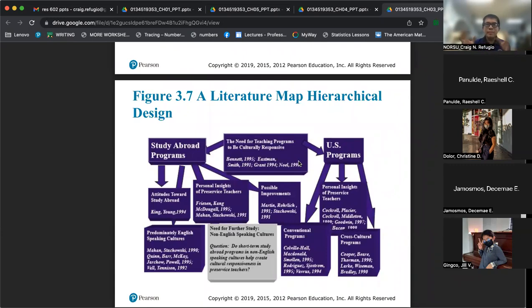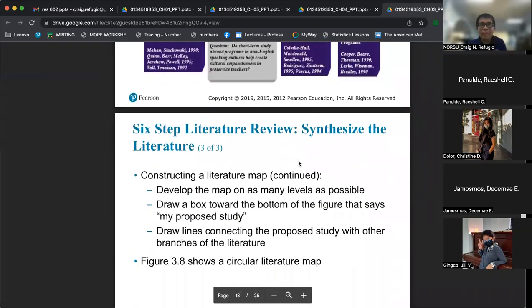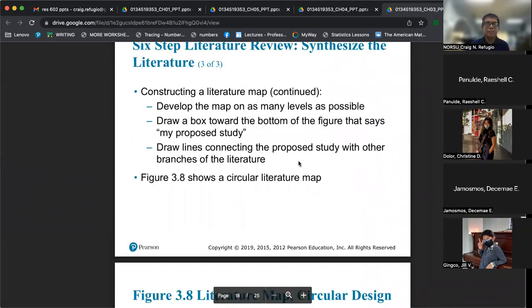So these are some of the mappings that you are going to do in the process of making a literature map. In constructing a literature map, develop the map on as many levels as possible. Draw a box toward the bottom of the figure that says my proposed study. Draw lines connecting the proposed study with other branches of the literature.